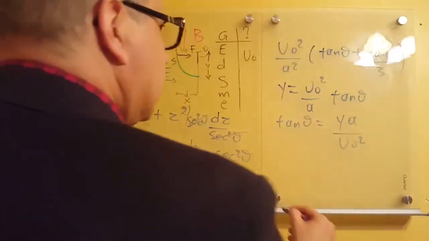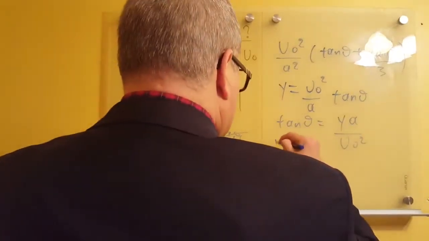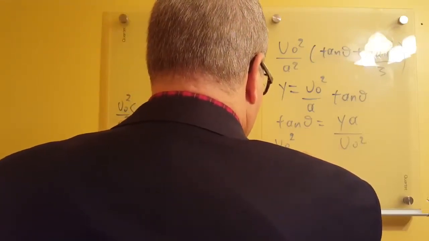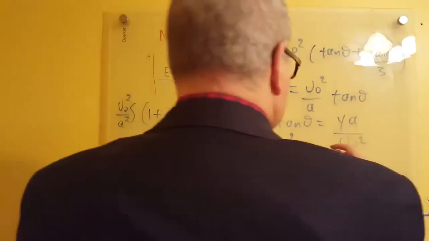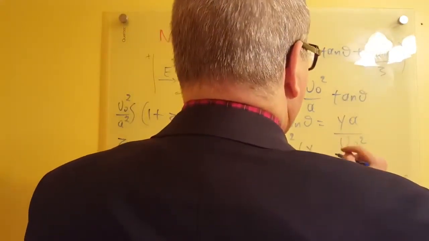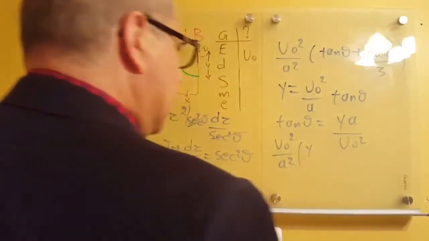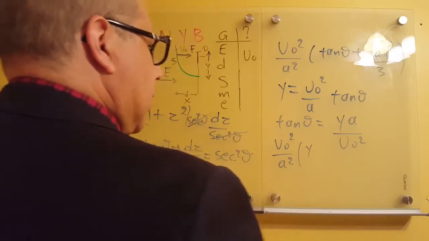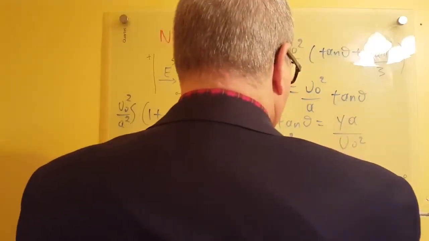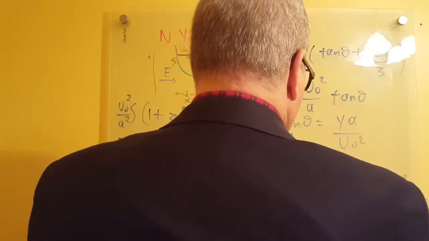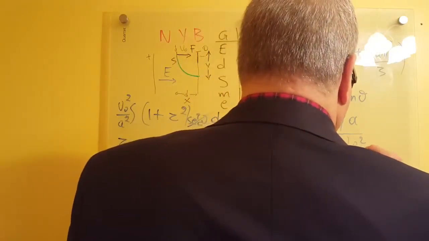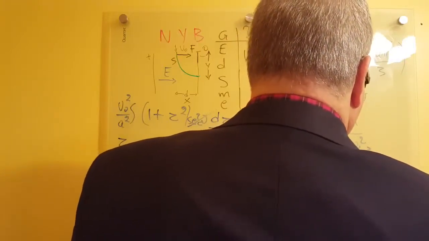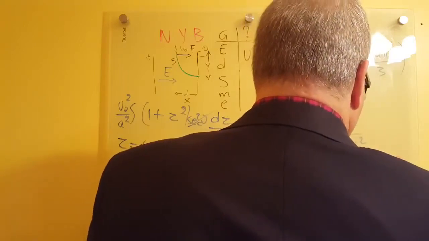Now we can substitute it back here, and we have v0 square over a square times ya over v0 square plus ya to the third over 3 v0 to the sixth.